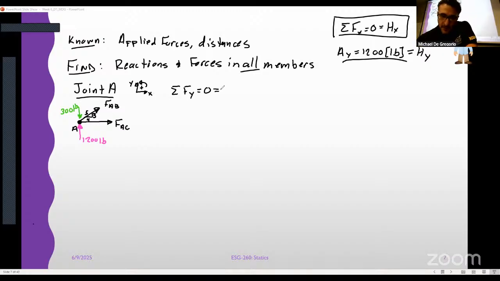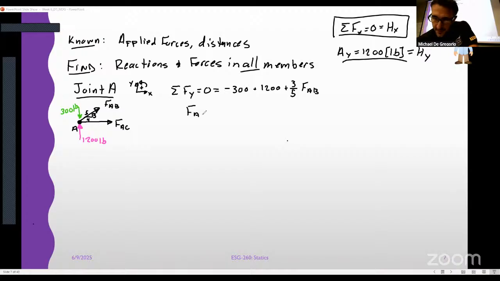All right, if I solve this first, what do I get? Well, there's only one y direction applied force, right? So I get minus 300 plus 400. Or sorry, 1,200. Why did I write 400? Jeez. That would have thrown everybody off. All right, plus 3/5 of FAB.